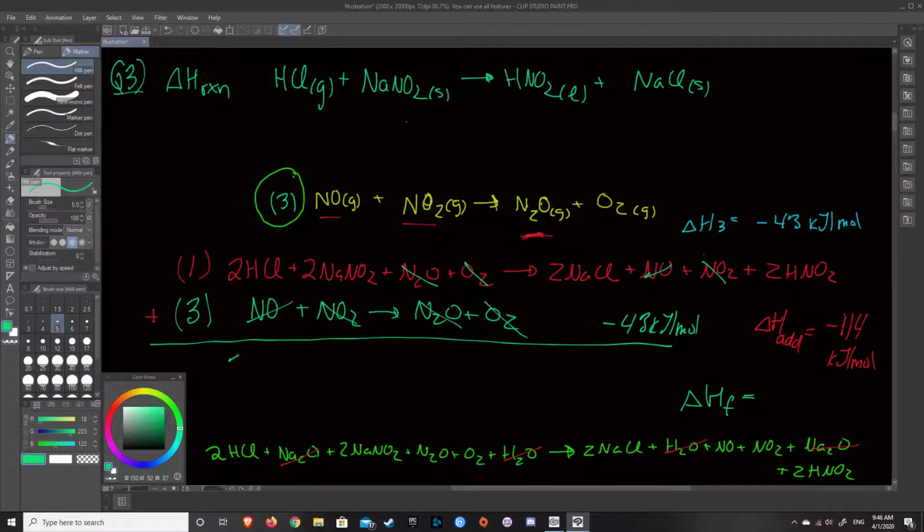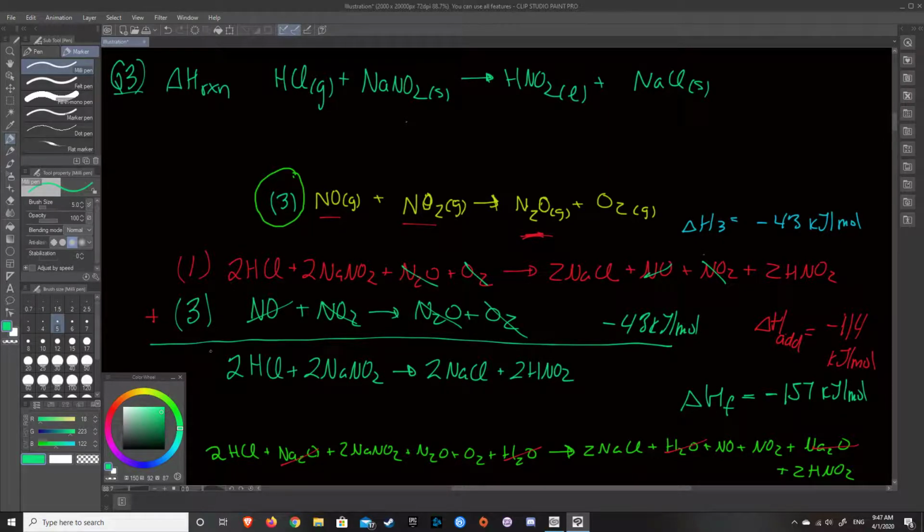So our final equation is 2HCl plus 2NaNO2 react to form 2NaCl plus 2HNO2. And our delta HF, we just add these two together. It's negative 114 minus 43. Our delta HF in this case is negative 157 kilojoules per mole.